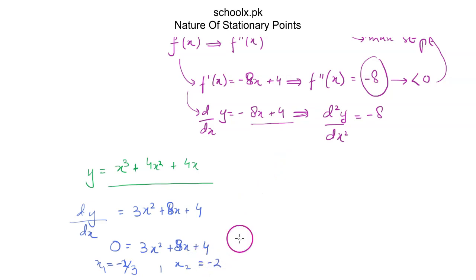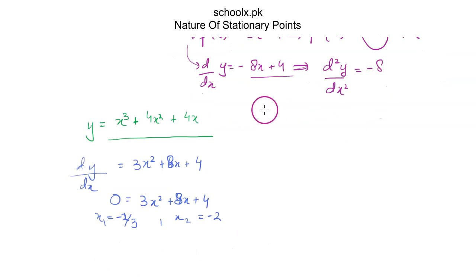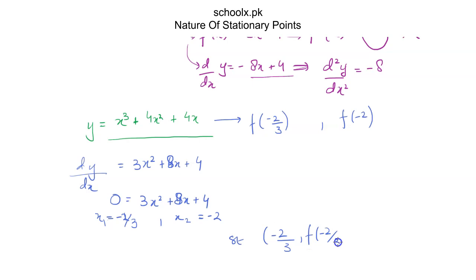Our stationary points will be negative 2 by 3 and f of negative 2 by 3, which is the value you get when you put negative 2 by 3 in place of x in this equation, and the other stationary point is negative 2 and f of negative 2.